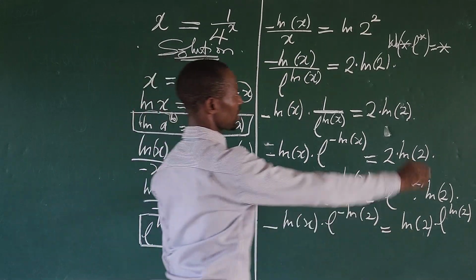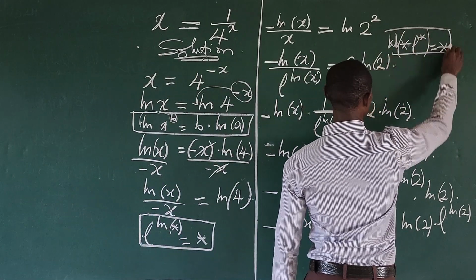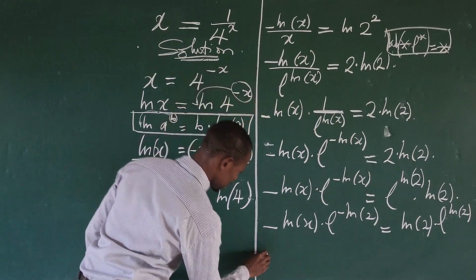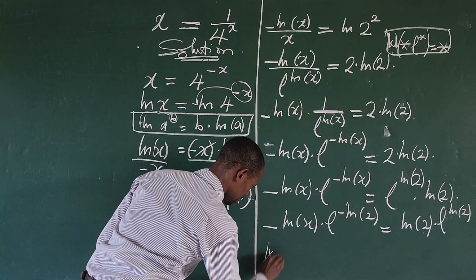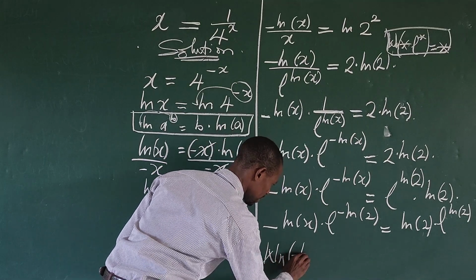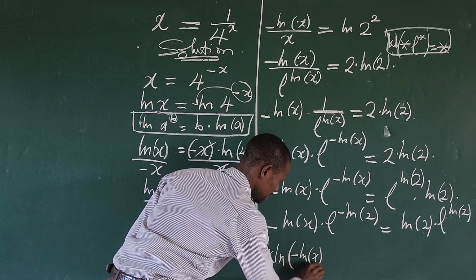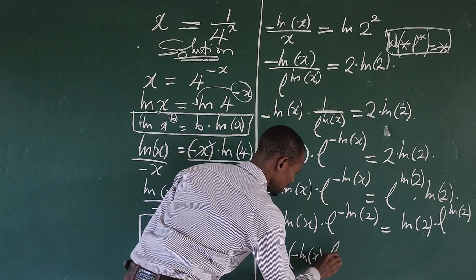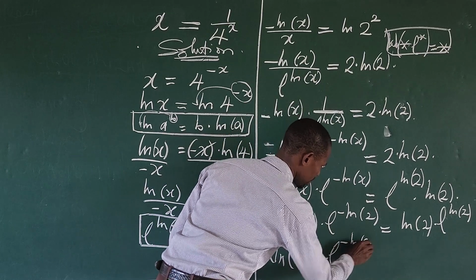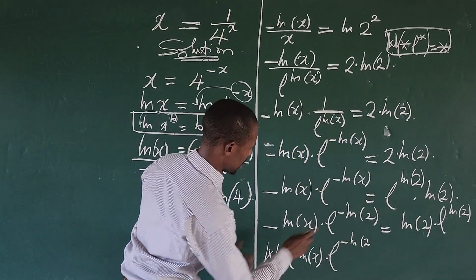So if we circle back to this rule, we can now introduce it to this side. So we now have the Lambert W function of minus ln of x times e to the power of minus ln of x.